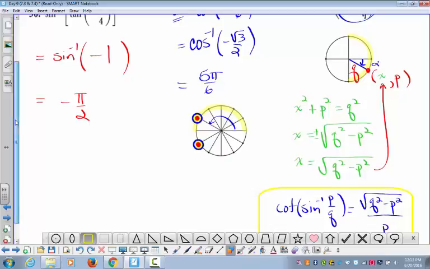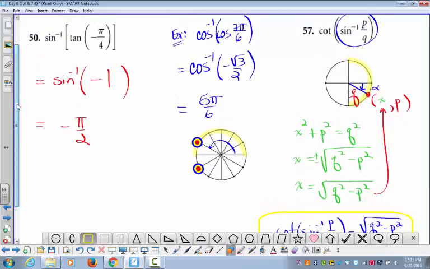We chose to label two of the three values here based on this expression. Inverse sine of p over q is the angle with a sine value of p over q. We calculate x through the Pythagorean theorem, and then we evaluate cotangent as x over y. So that gives it to us.